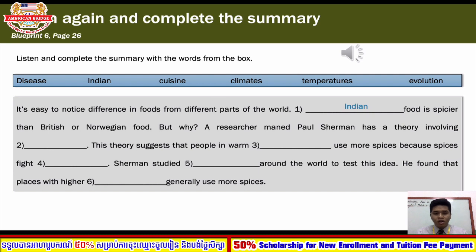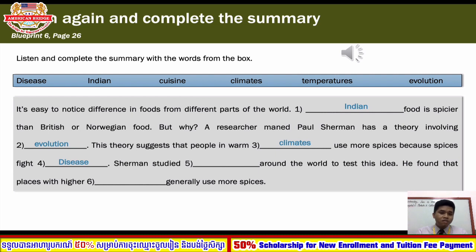But why? A researcher named, here we are supposed to say named, Paul Sherman has a theory involving evolution. His theory suggests that people in warm, so we talk about the climate, in warm climates use more spices because spices fight disease.